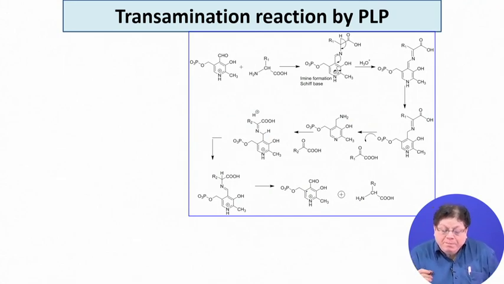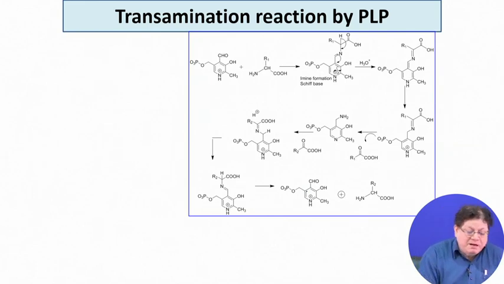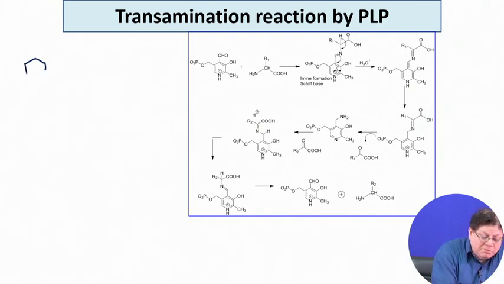Okay. So, we want to discuss the mechanism of this reaction. The mechanism of this reaction is shown in this slide, but I will explain it a little bit more elaborately. We again write the structure of this pyridoxal phosphate. Okay. CHO, we are not writing these substituents, that is okay. So, these are the 3 substituents here.